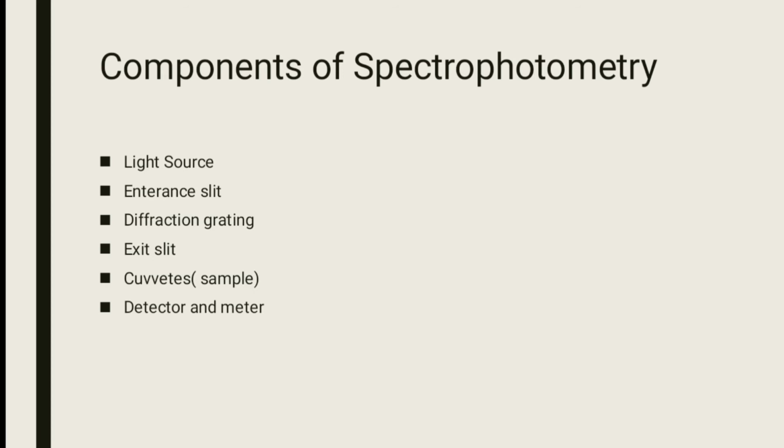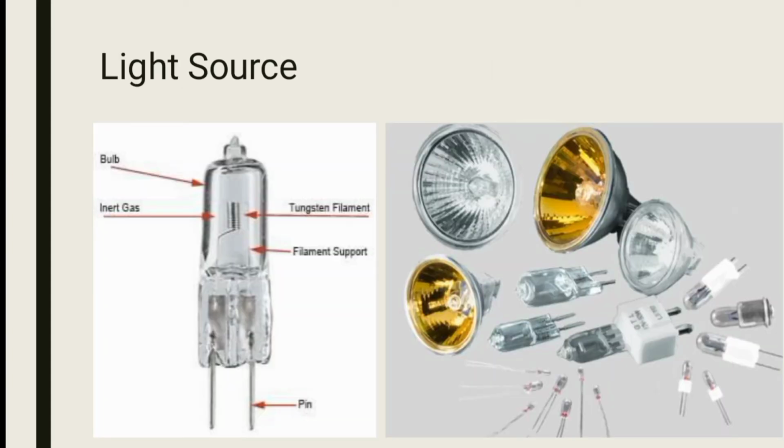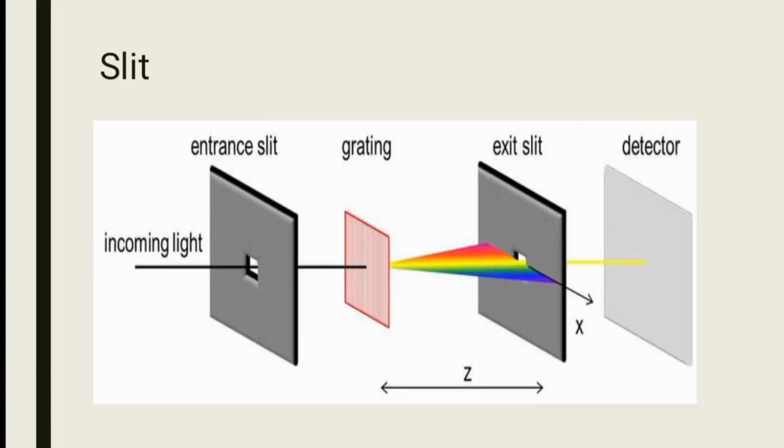What are the components of spectrophotometry? Spectrophotometry includes a light source, entrance slit, diffraction grating, exit slit, cuvettes, detector, and meter. The light source is made up of tungsten filament and produces visible light. Next is the slit.